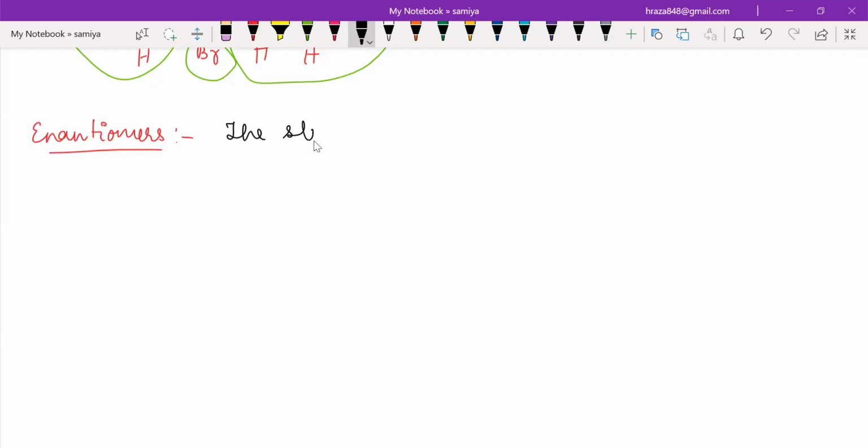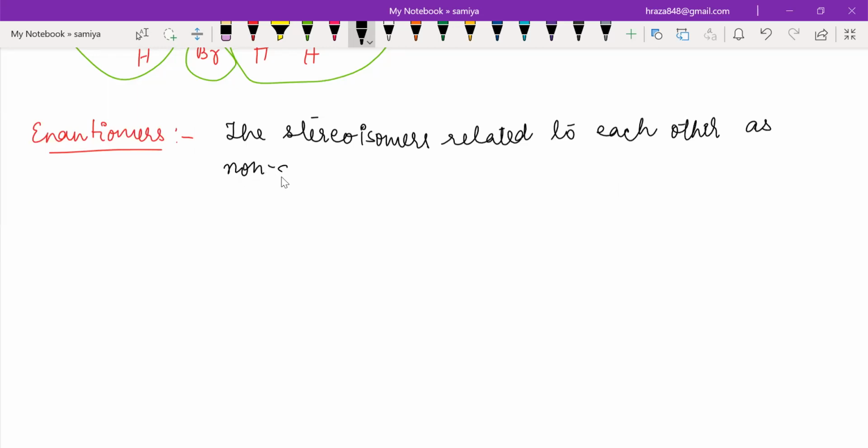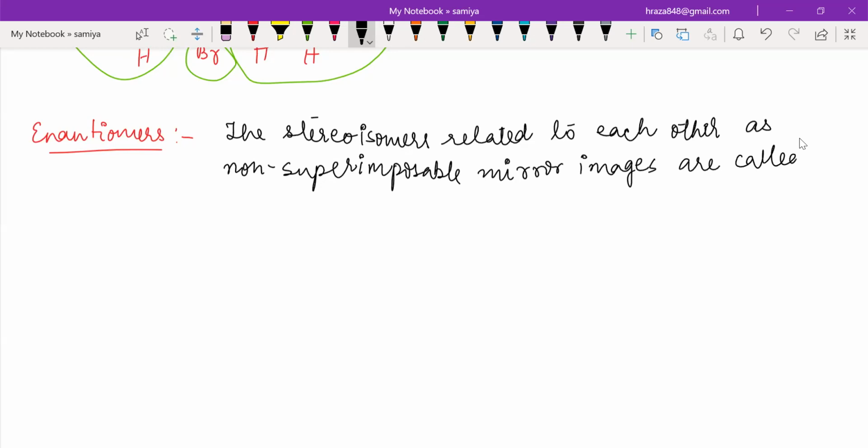Stereoisomers related to each other as non-superimposable mirror images are called enantiomers.